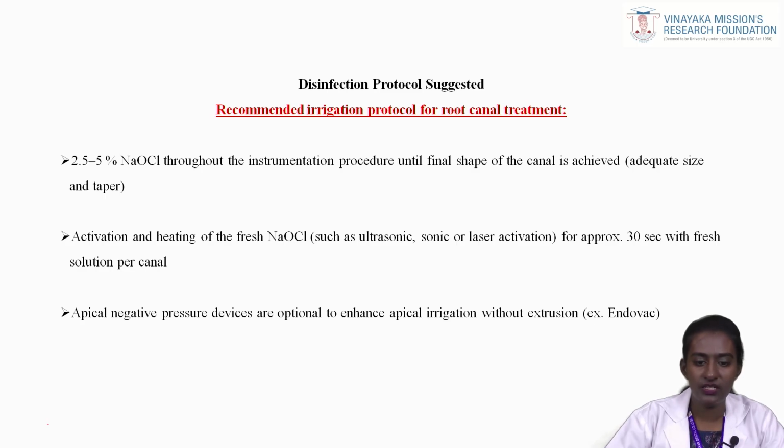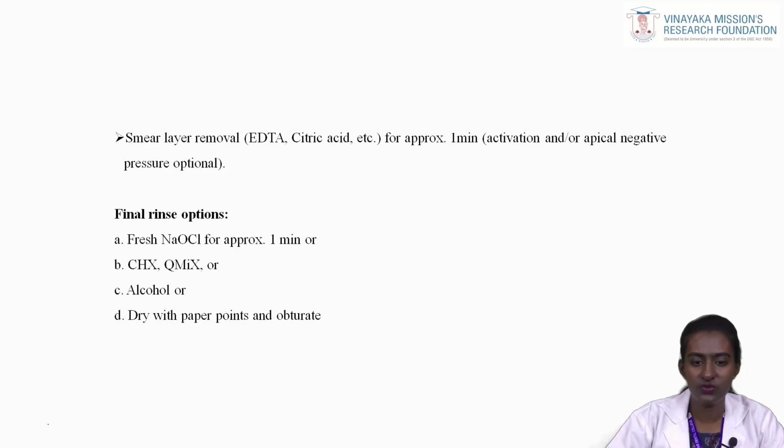Apical negative pressure devices can also be used to enhance apical irrigation without any extrusion. Smear layer removal can be done using EDTA or citric acid for approximately 1 minute, which can be activated, or apical negative pressure is optional. The final rinse options will be either fresh hypochlorite for approximately 1 minute, chlorhexidine, or Q-Mix, or you can dry the canal with paper points and obturate it.